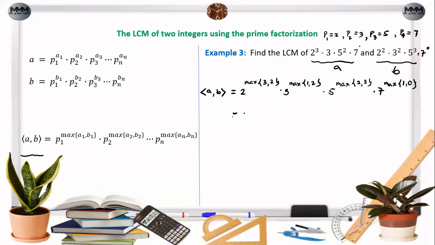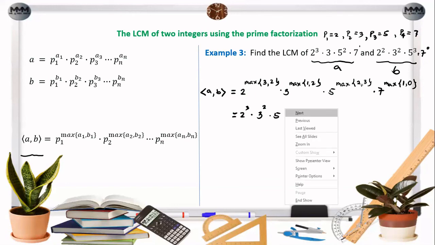Hence, we have 2 raised to the maximum of 3 and 2, which is 3, times 3 raised to the maximum, which is 2, times 5 raised to, by the way, the maximum is 3, times 7 raised to its maximum, which is 1.